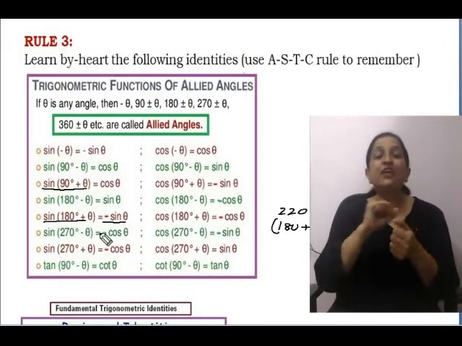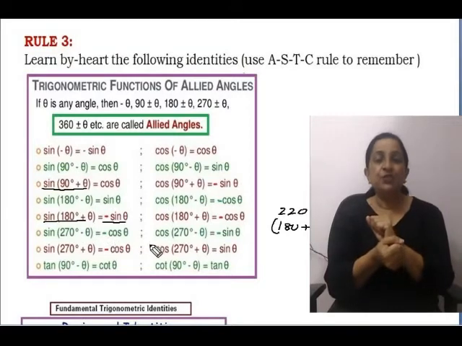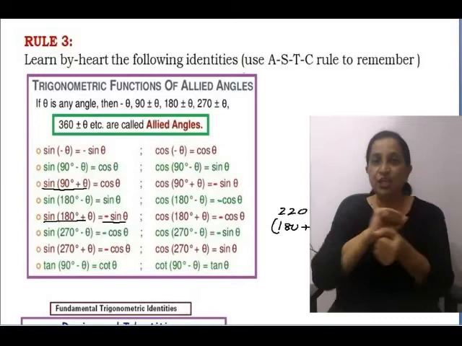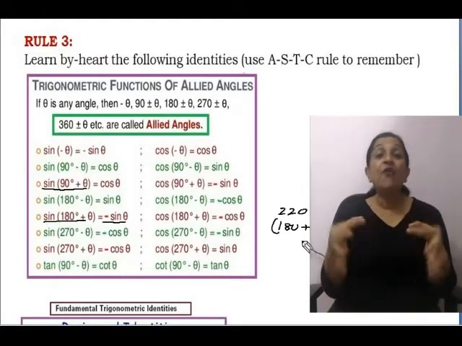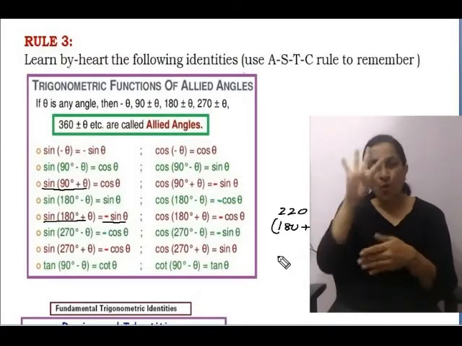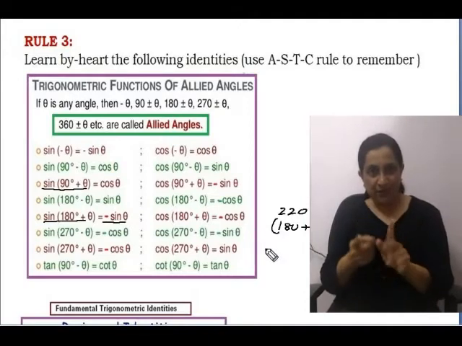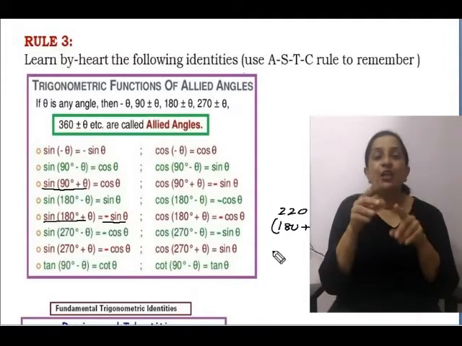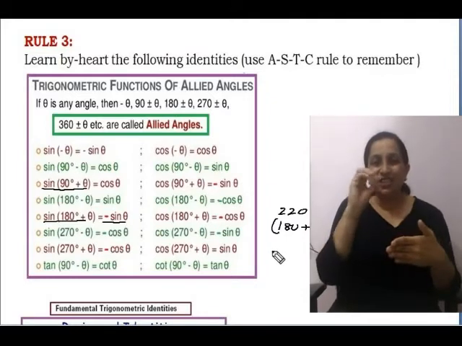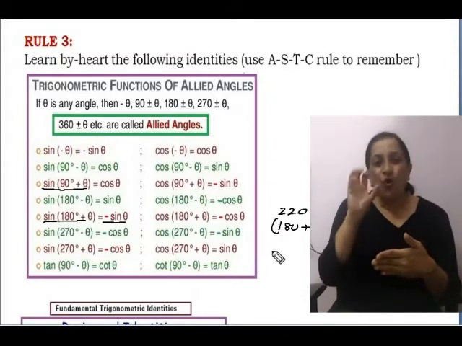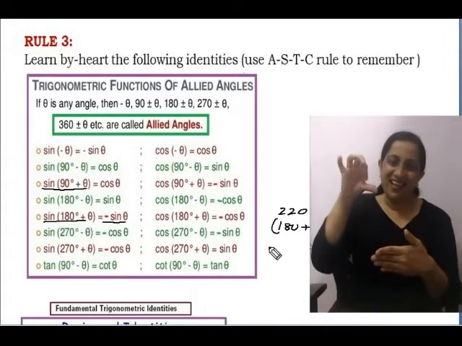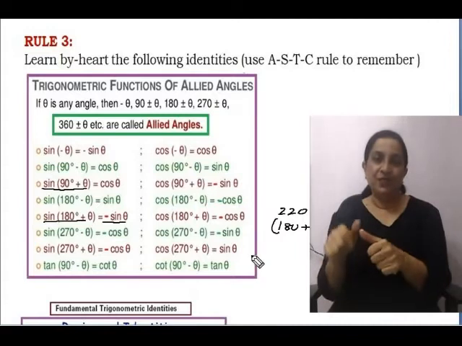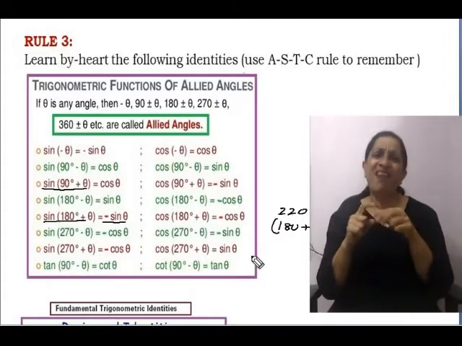Like that, if some values are given, then you should be able to convert them into the least possible known values. Typically, from the table, the values are known to you, like 0, 45, 60, 90, and 30. So those values, as far as possible, most of the exam paper will have questions only around those values.